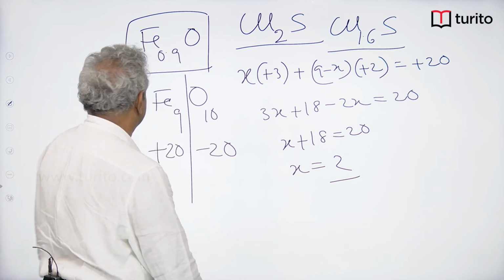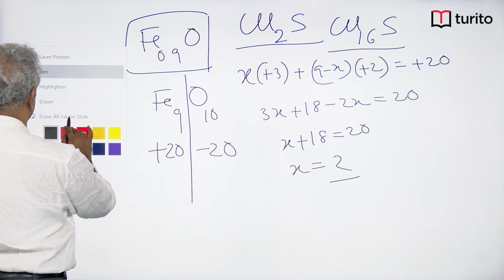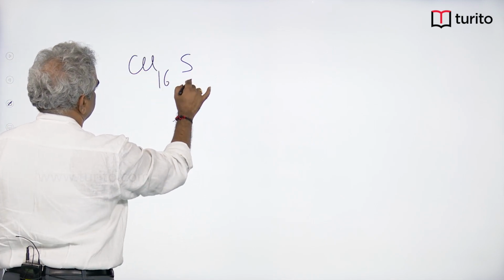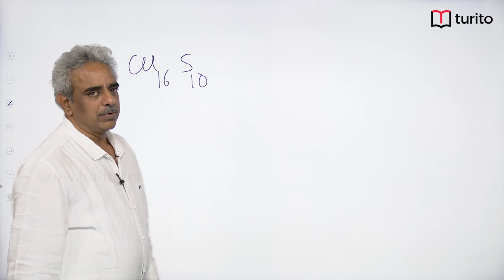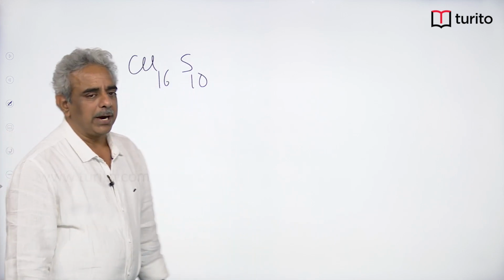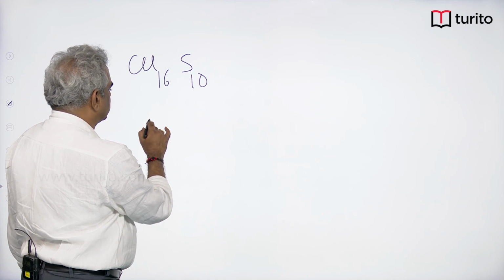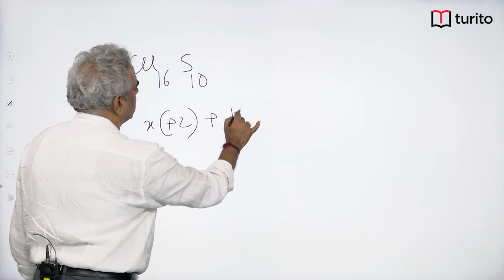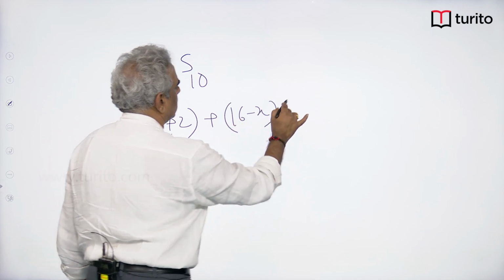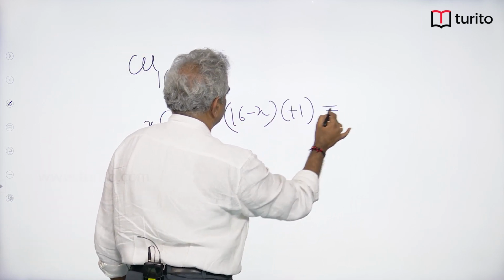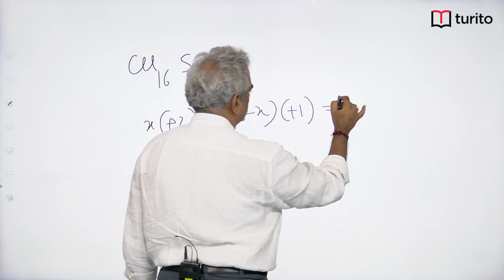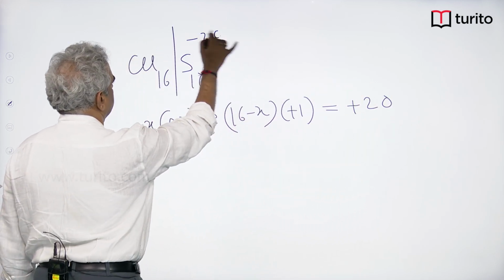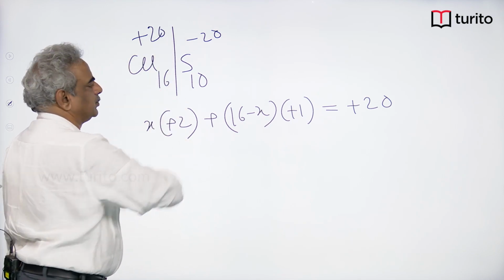We can work out like this. Cu16S10, because 1.6 and 1 I multiplied with 10. So, out of 16, x are in what state? +2 state. 16 minus x are in +1 state and should give +20, because sulfur produces -20, this should produce +20.